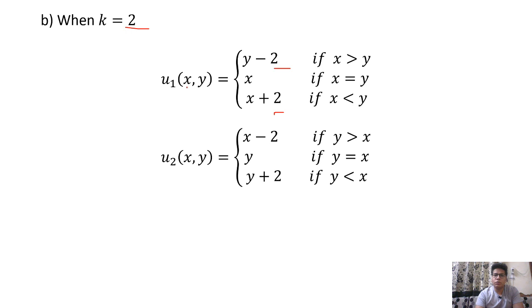So you need to fix the value of player 2's strategy, that is y, and then think what is the best way to maximize the first player's payoff. Starting with the minimum possible value, player 2 can choose y equal to 2. So let's start from this case.